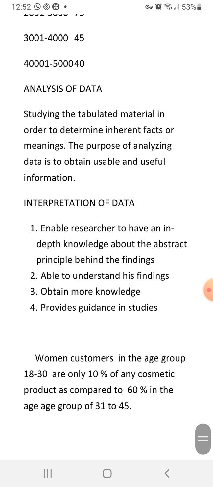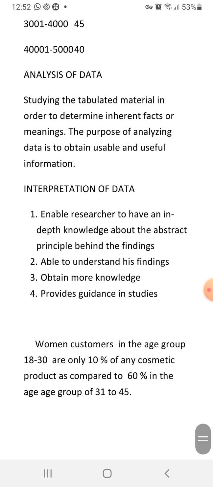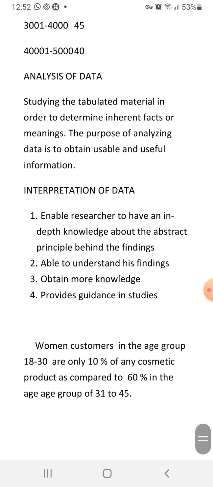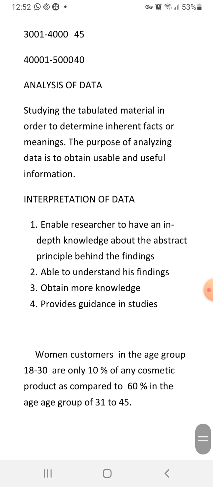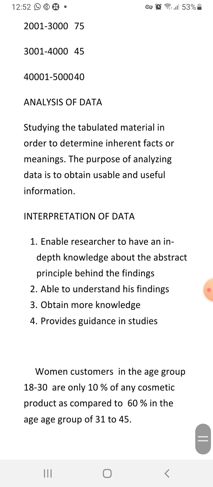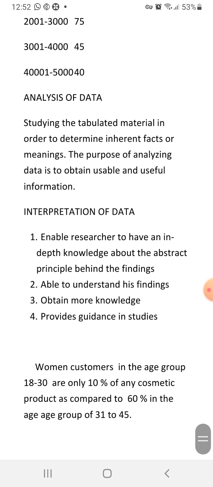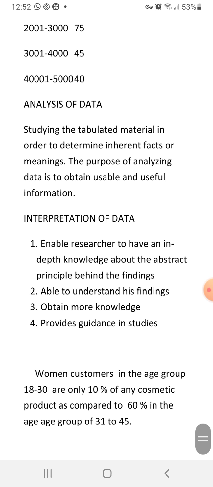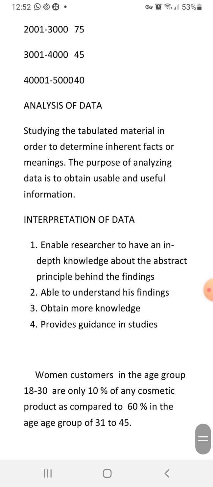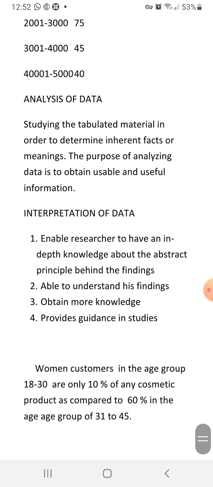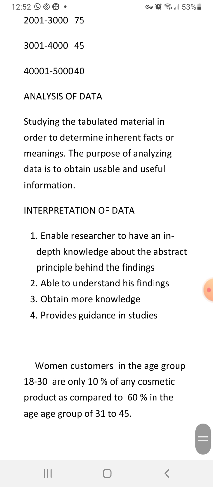In the analysis part, we are calculating percentage or standard deviation, mean, median, mode, kurtosis, skewness, such types of descriptive statistics. But interpretation means we have to give meaning.